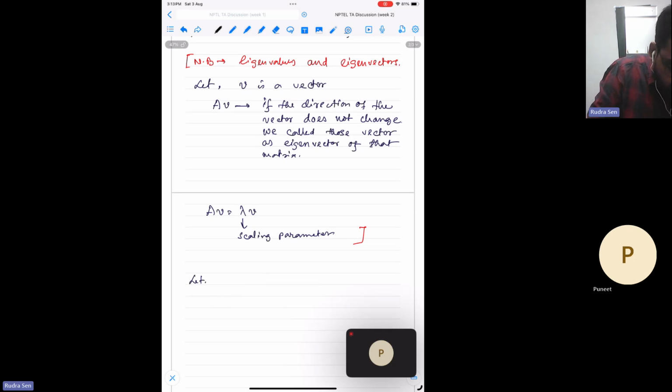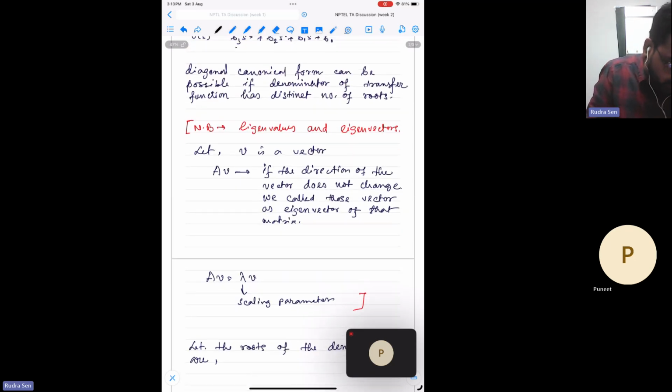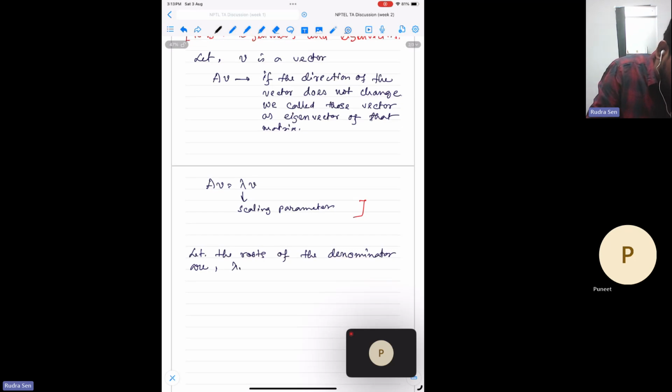Let the roots of the denominator be, since the power of s is 3, lambda 1, lambda 2 and lambda 3.